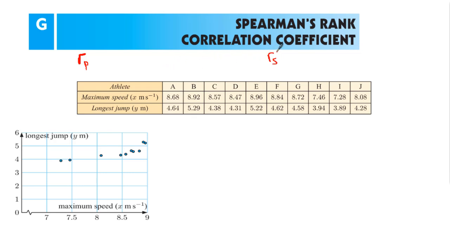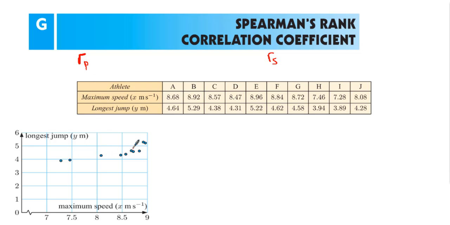So when are we going to use Spearman's rank? For example, when we have data like this and plot it on a scatter diagram, and the trend is non-linear. We only tend to use Pearson's when we see a linear correlation.